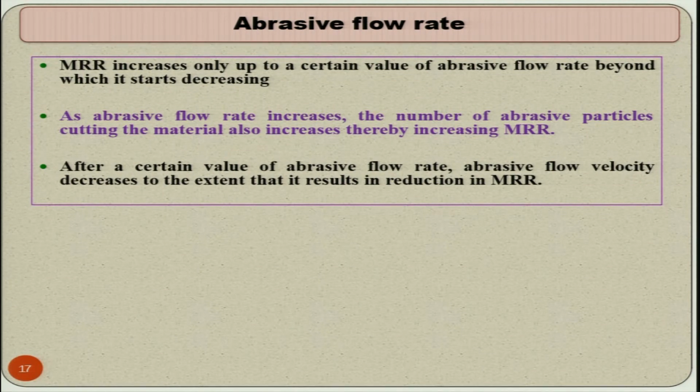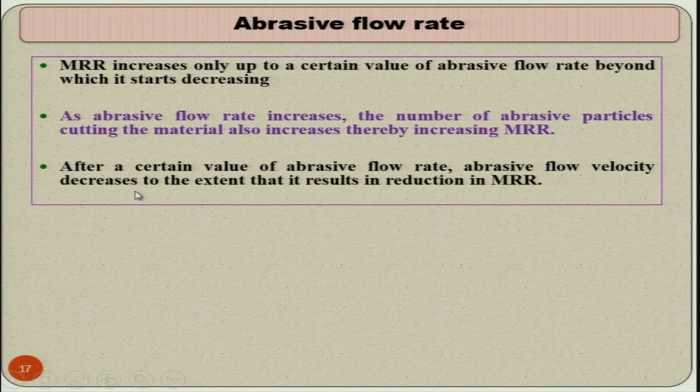We will see the details of this. As abrasive flow rate increases, the number of abrasive particles cutting the material also increases, thereby increasing the material removal rate. It is very obvious that the larger the jet coming per unit time, the more abrasives there will be and the more material will be removed up to a certain limit.